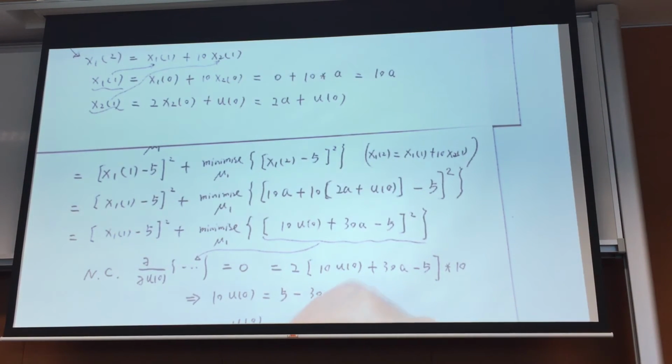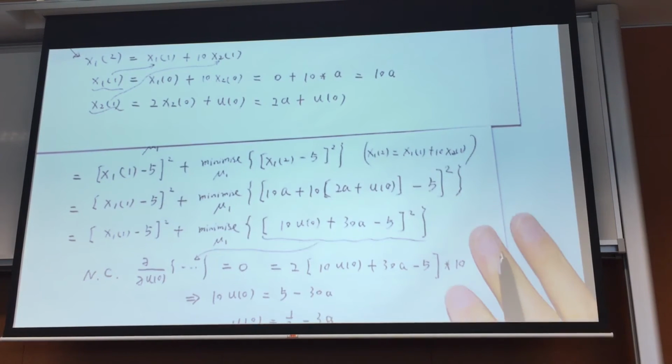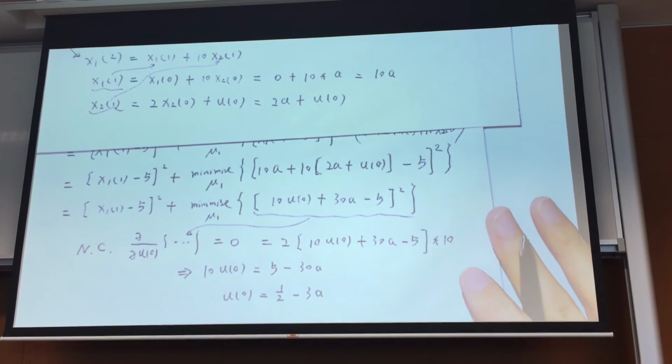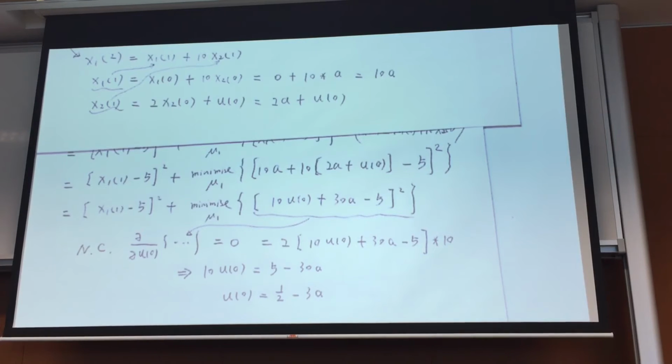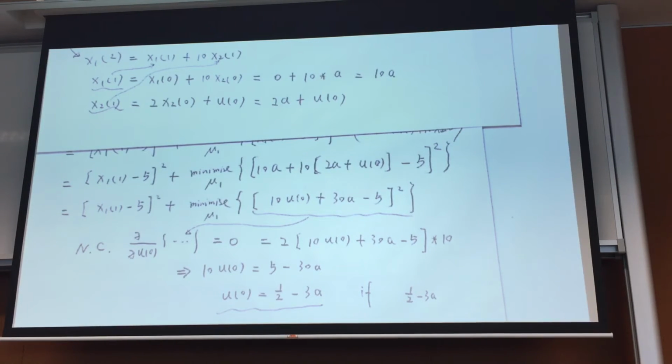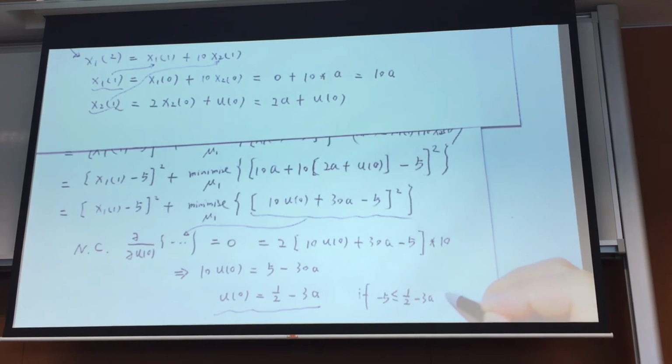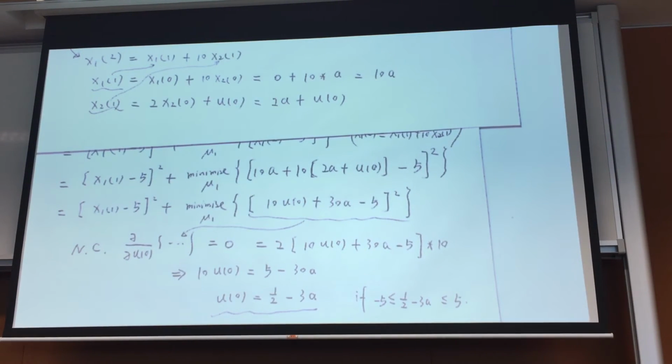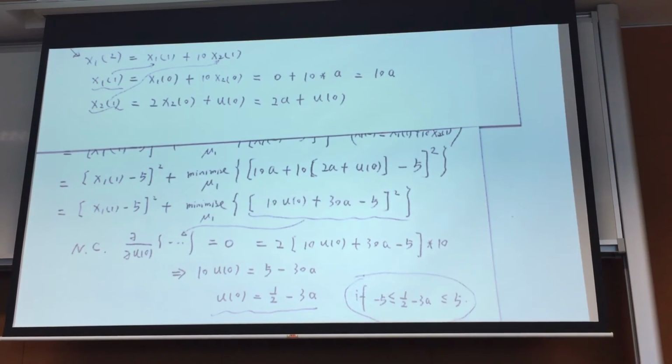So we have this u0 equal to a half minus 3a. So this solution is only valid, in this case, if a half minus 3a is between minus 5 and 5. Remember our actuator constraint.